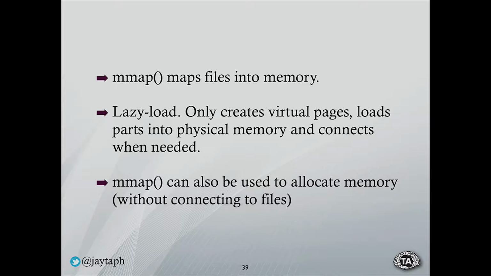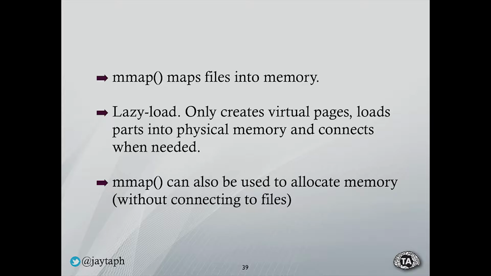There's another command besides sbrk, called mmap. This is used a little bit more nowadays. It's also lazy loading. It can map a file from disk into memory without explicitly reading it into memory. It creates virtual memory that is not mapped to physical memory but to things on disk.